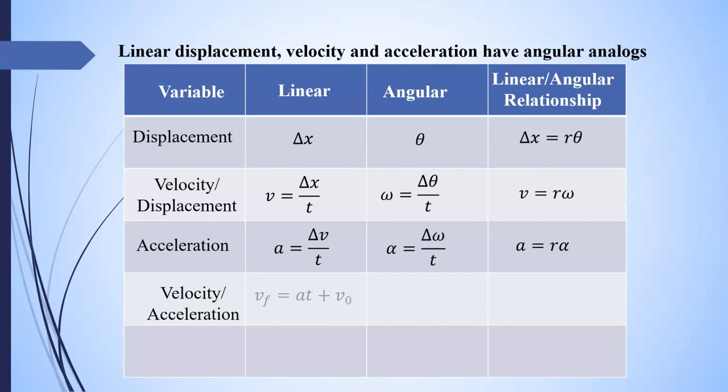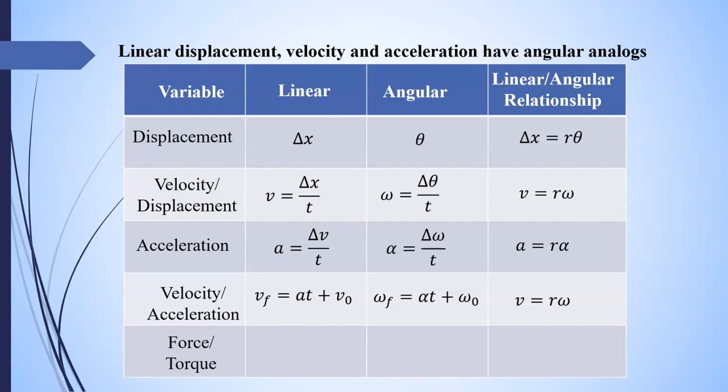Velocity and acceleration. The final velocity equals acceleration times time plus the initial velocity. And for angular, the final angular velocity equals alpha, the angular acceleration, times time, plus the initial angular velocity. And there's a similar relationship between velocity and angular velocity.